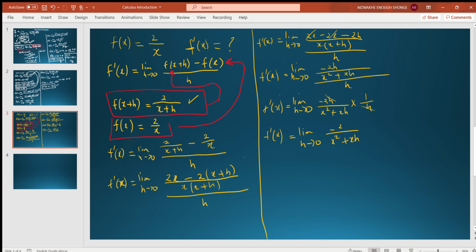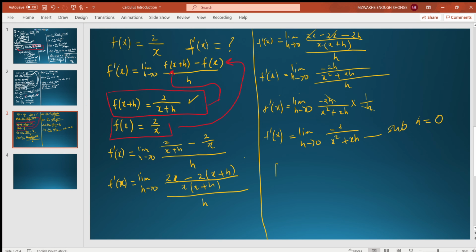Now you can substitute your 0 on h, because we do not have h as a standalone function. So you're going to substitute h equal to 0 here.